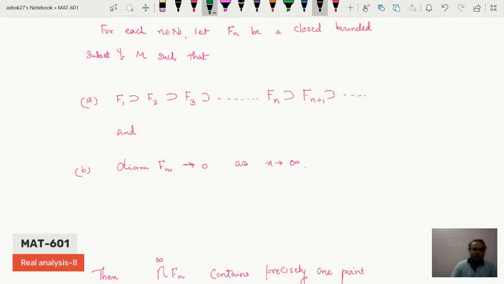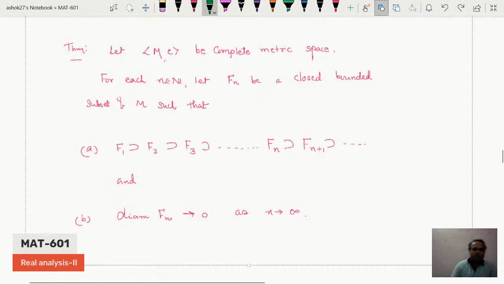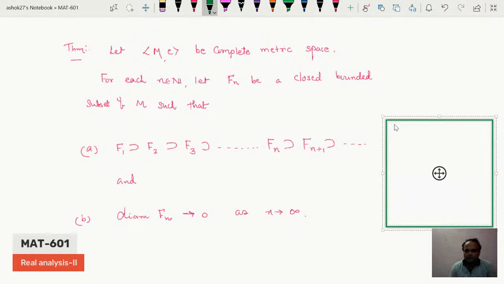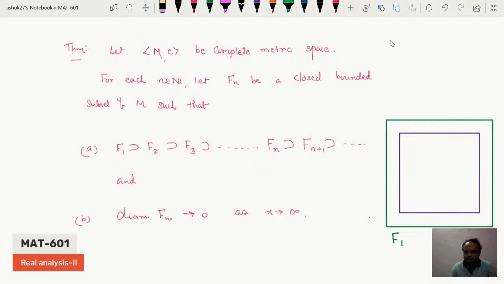Geometrically you can observe this. Take F1, the largest set, which contains F2. Draw F2 inside F1.